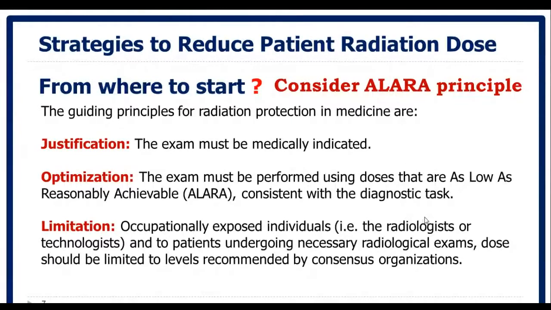Limitation: the dose to occupationally exposed individuals like radiologists and technologists, and to patients undergoing necessary radiological examination, should be limited to the level recommended by the international organization, or should also be compared to a standard benchmark.